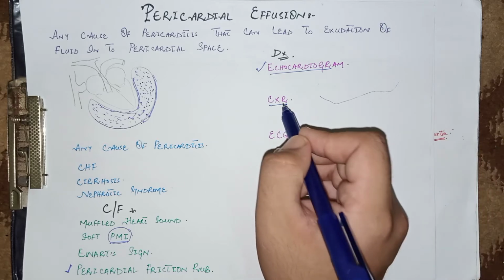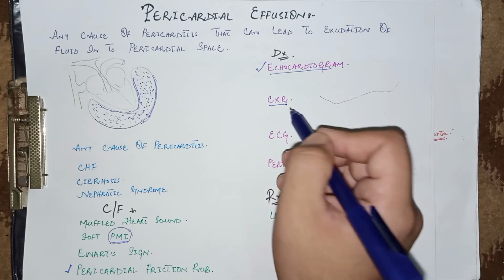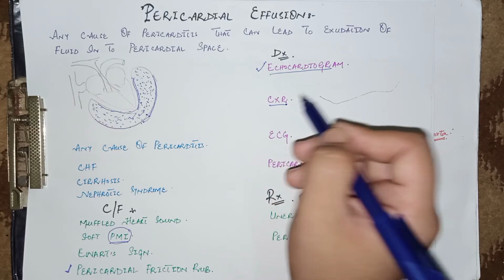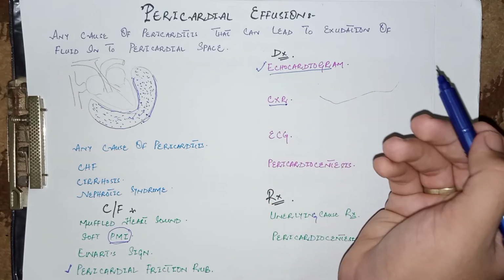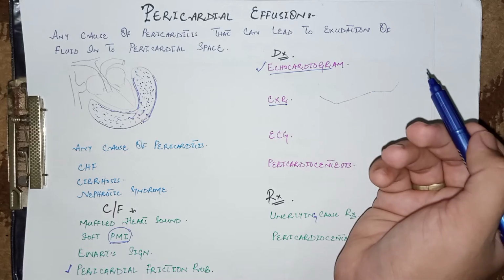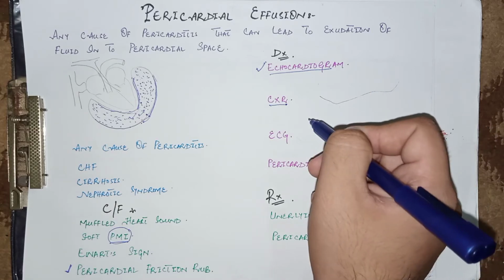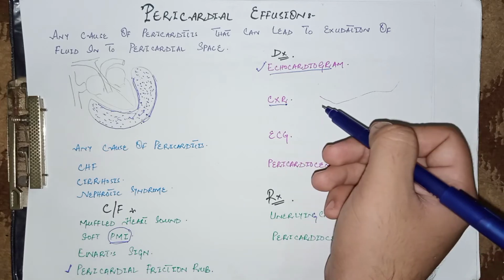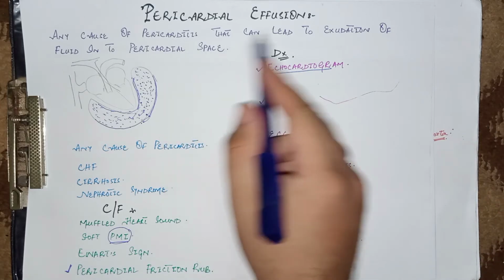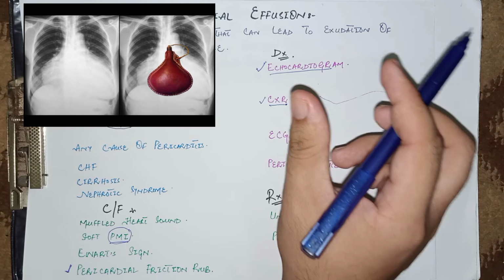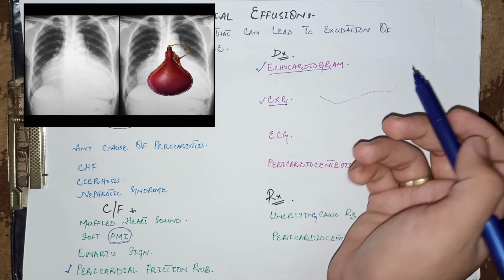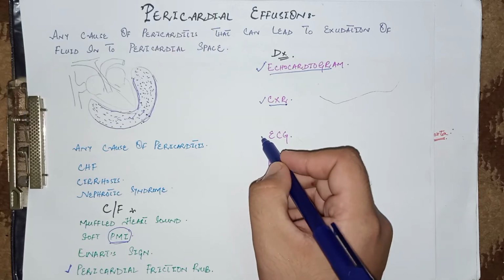But here this point is very important to remember: in the chest X-ray there is no pulmonary edema, as in the cardiomegaly due to heart failure, because in heart failure patients there is a large globular heart along with pulmonary edema signs in the chest X-ray. But in pericardial effusion there is a simple water bottle shaped heart but no pulmonary edema in the chest X-ray. The other investigation is ECG.